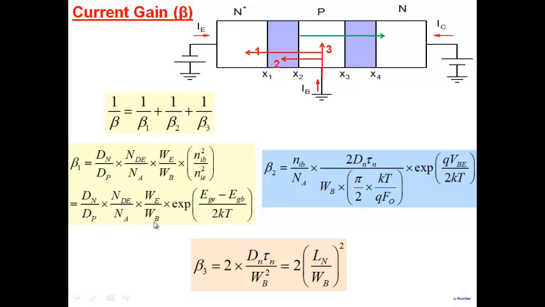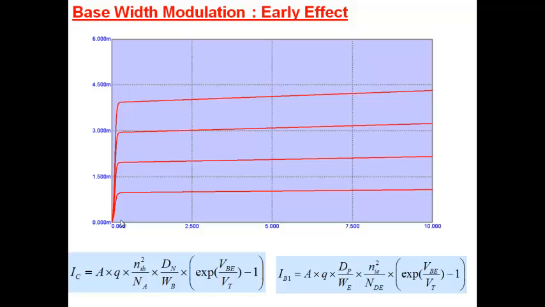And we were discussing in the last lecture that if you decrease the base thickness or the base doping, there are consequences. One of the consequences is what we are going to discuss today, which is the base width modulation or the early effect. The idea here is this is the typical collector current versus collector emitter voltage, right?